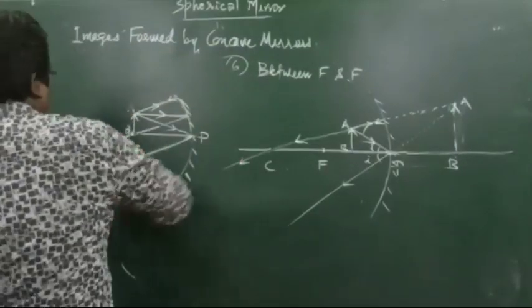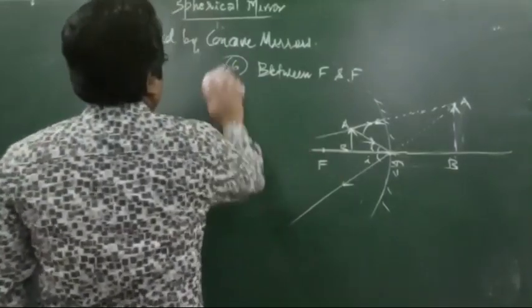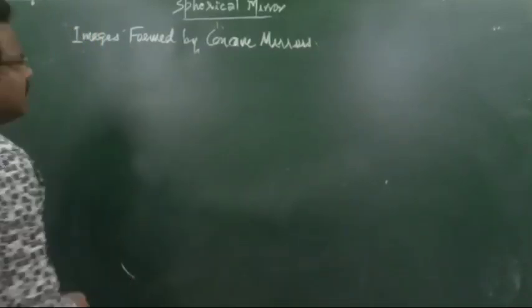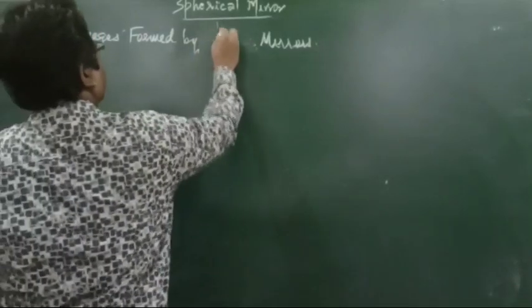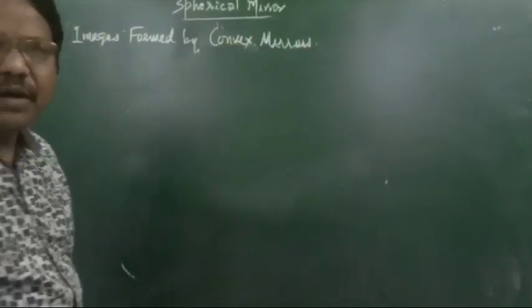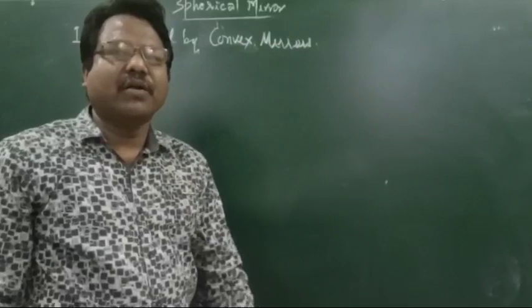Now, when you think of a convex mirror, how can you form the image? How can you form the image for a convex mirror? It is also simple.